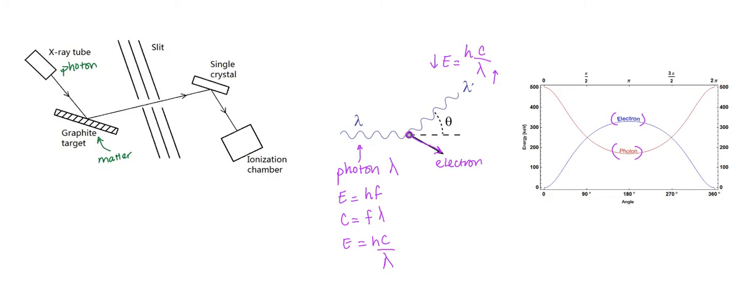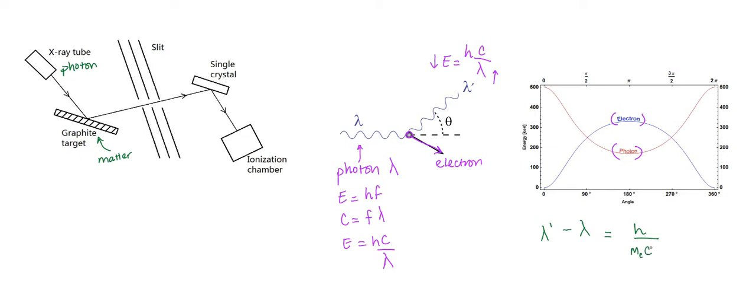Now, this isn't very important to us for this video, but I'm going to show that we do have a relationship that we could explain between the angle and the wavelength by showing this. The new wavelength that's scattered, that is emitted as it comes out of the graphite here, minus the initial wavelength, so that's a wavelength difference, is equal to h over m of an electron times c.